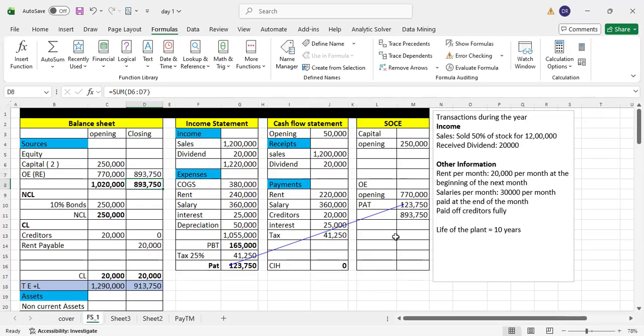So we can see that link between the income statement, the statement of changes in equity, and the balance sheet.